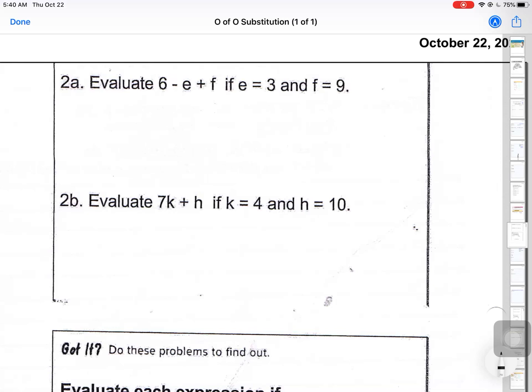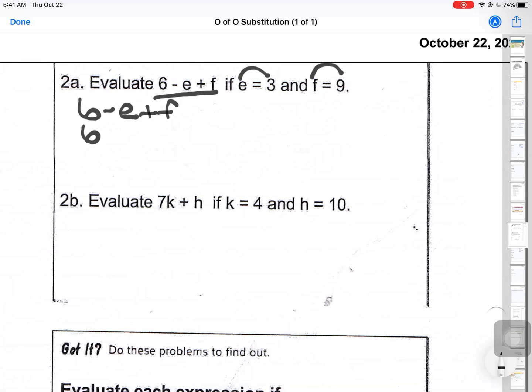It says to evaluate or solve 6 minus e plus f, if e is 3 and f is 9. So we will want to copy down 6 minus e plus f. Then we'll copy right underneath it.